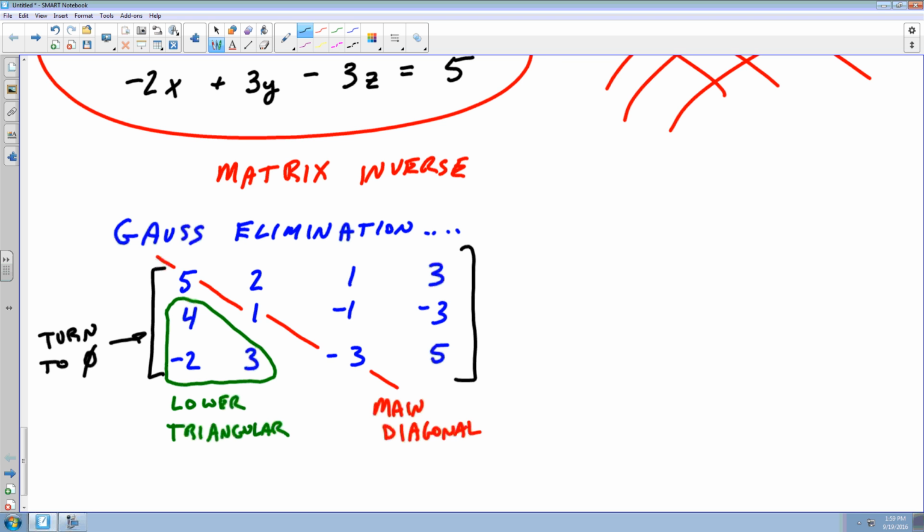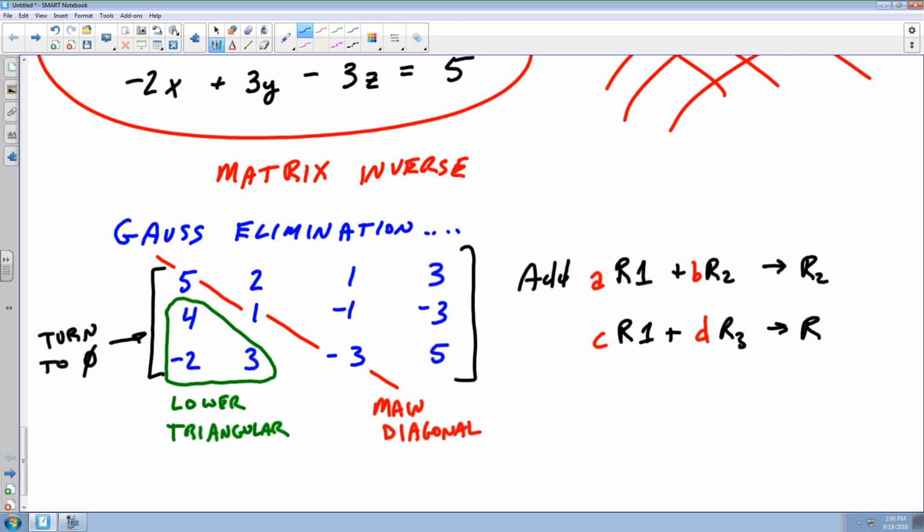You turn them to 0 by using row 1, which I'm going to call R1, plus R2 to get a new row 2. I should be careful. It's not just any row 1 or 2. It's really A times row 1, B times row 2, any kind of combination of row 1 and row 2 together, to make a new row 2, and then a combination of row 1 and row 3 to make a new row 3.